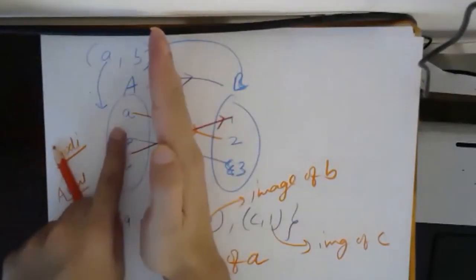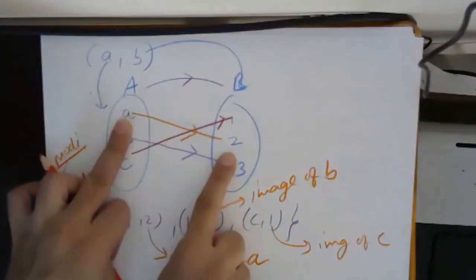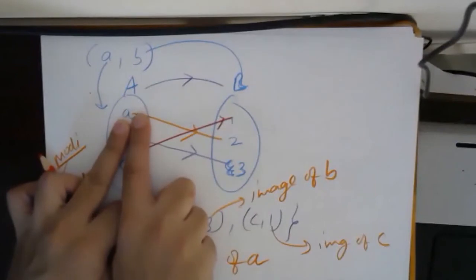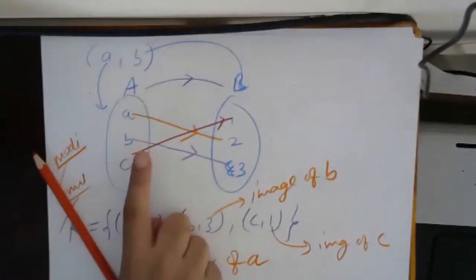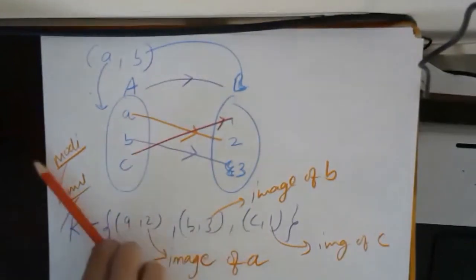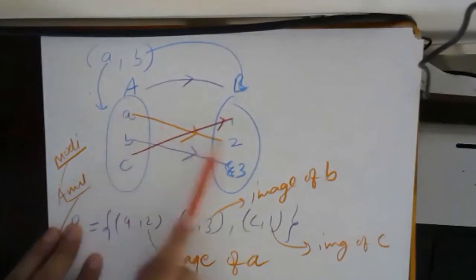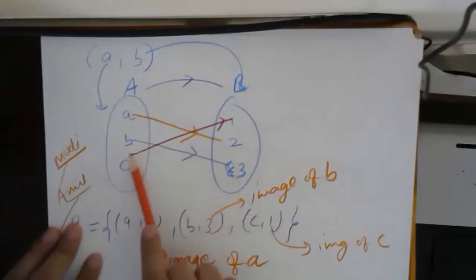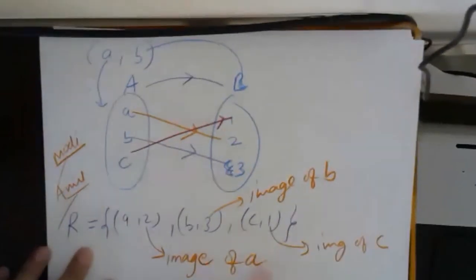So the image of A is 2, 1 is the image of C, and 3 is the image of B. Wherever it is linked, that will be the image. So A's image is 2, B's image is 3, C's image is 1. Understood? I'll give you one more example.